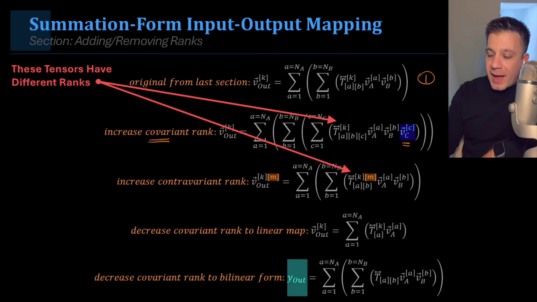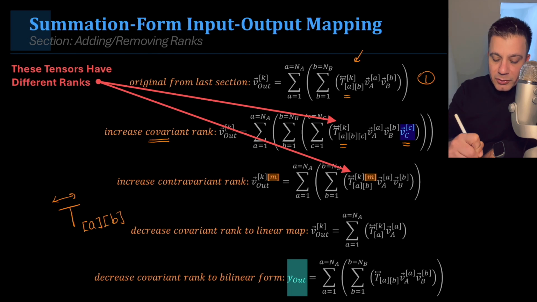But in addition to that, you can see that the number of indices associated with our tensor changes with the rank. So we start off with a tensor that is rank 3, meaning it has 2 covariant indices and a single contravariant index. So that is what we have up here.